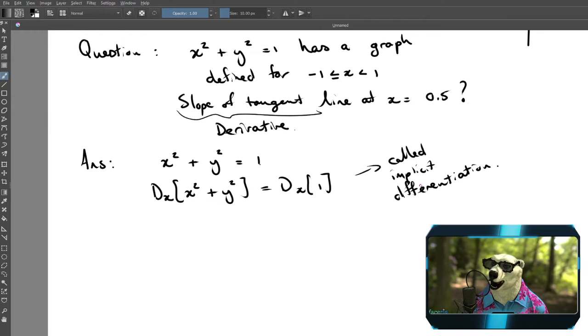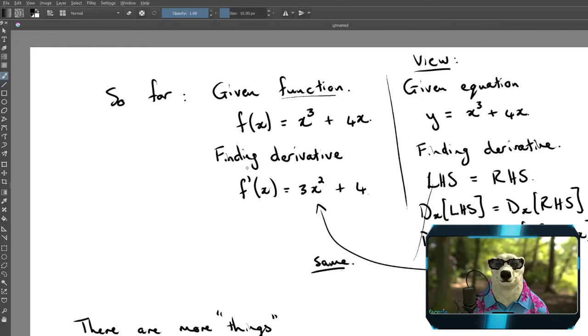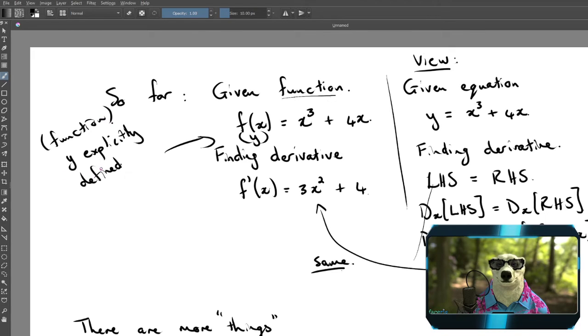Implicit. So I'm not able to solve for y. Up here, if I write y, whenever I'm able to solve for y, we could say y is explicitly defined by this function. Whenever I have a function, y is explicitly defined.